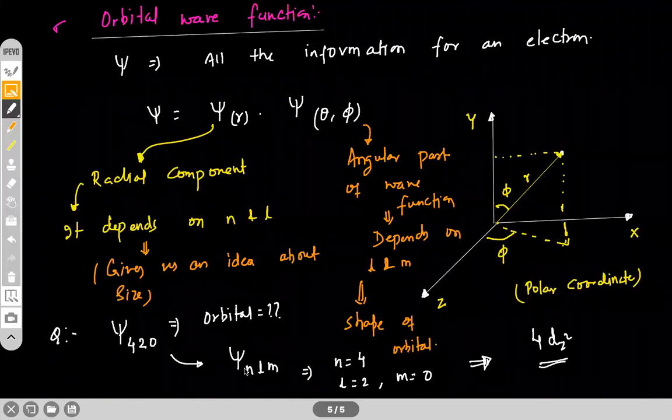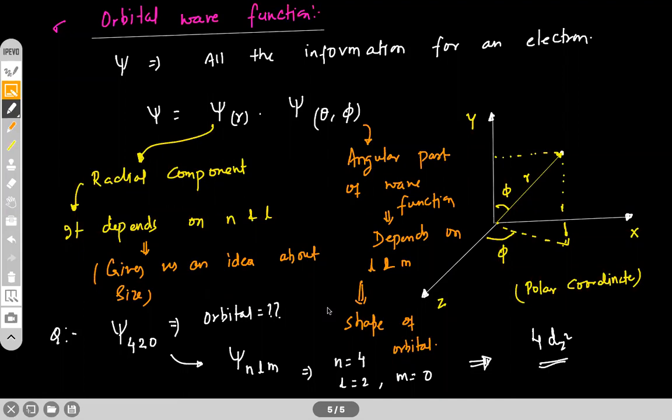If M is 0, it is definitely dz square. Last class I discussed this. Check your notes once. Correct. So this is one kind of question they ask here, you must take care of.